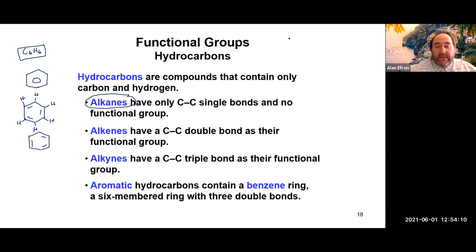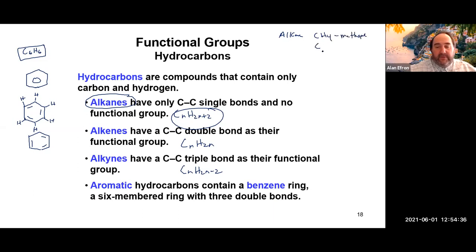Alkanes have the formula CnH2n+2, while our alkenes have CnH2n, and our alkynes have CnH2n-2. That means the very first alkane that we talked about is CH4, which is methane.